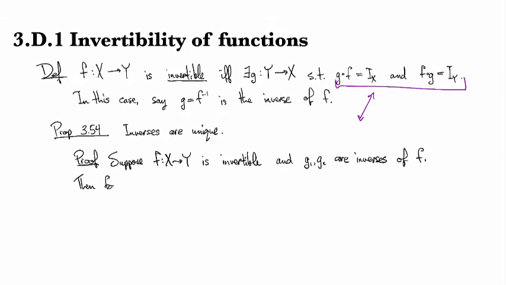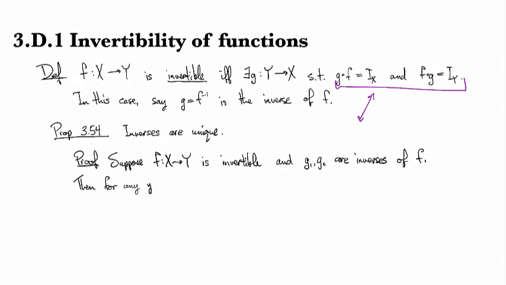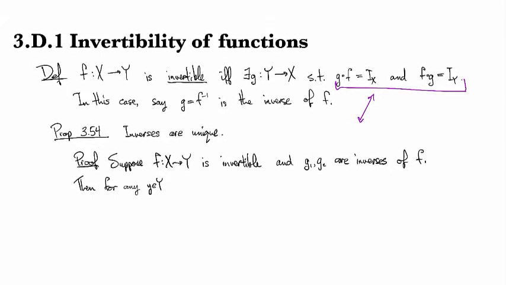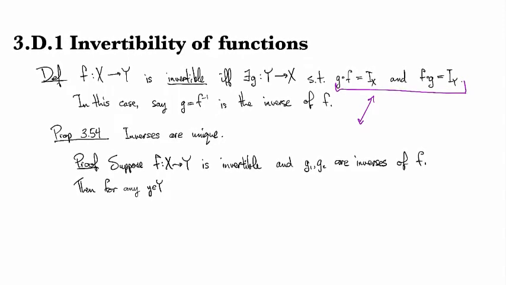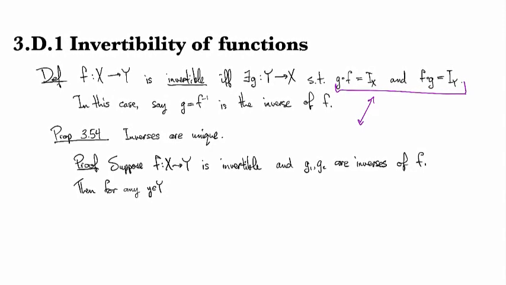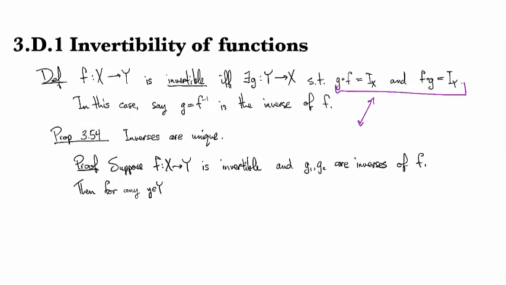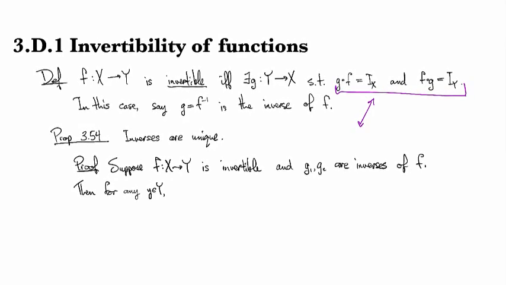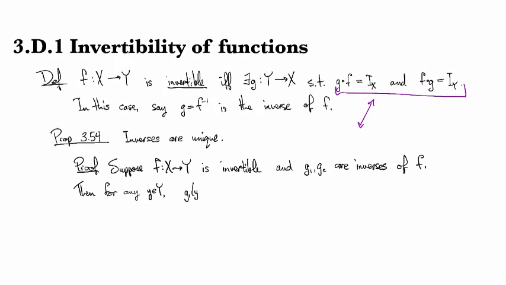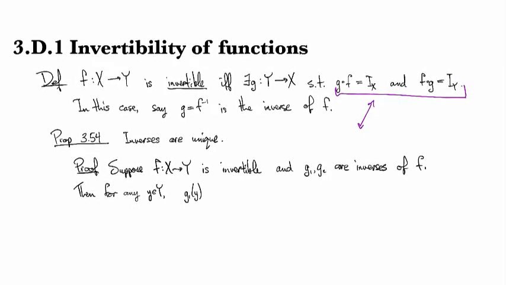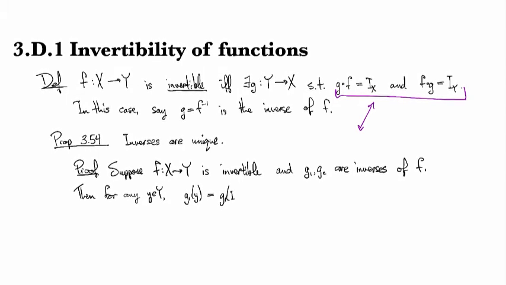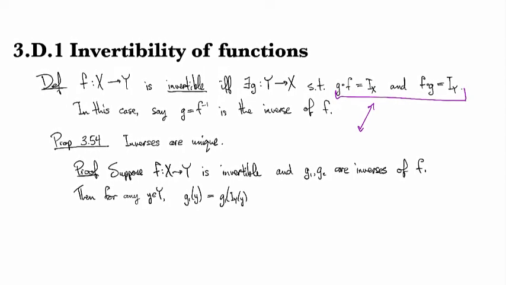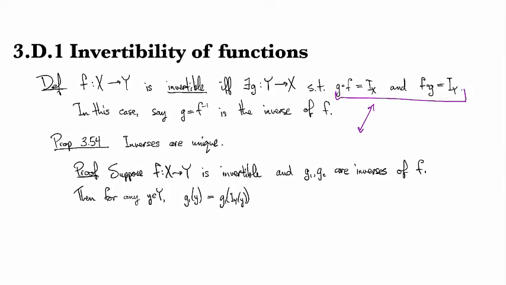For any element of y, I want to show that g1 and g2 are the same. g1 and g2 are both defined on y. They map y to x. So I'm going to show that they do the same thing to any point of the domain, and then that'll show that they're the same function. So I say g1 of y, and then I can always sneak in composition with the identity because the identity by definition doesn't do anything.